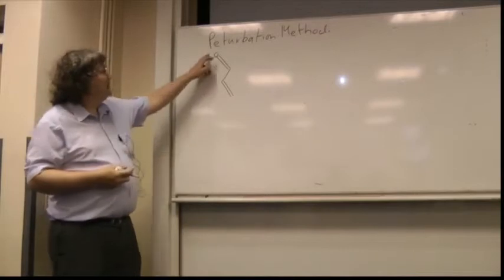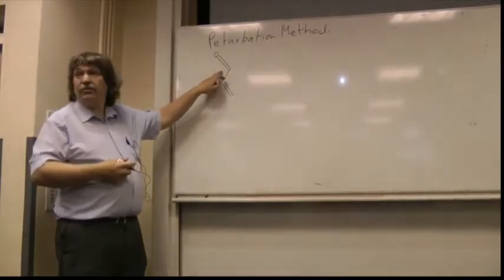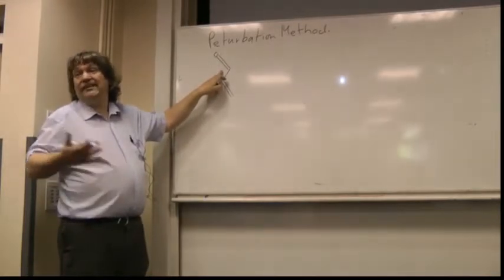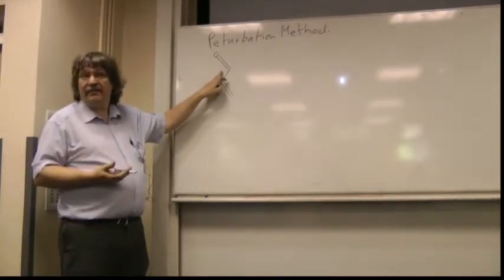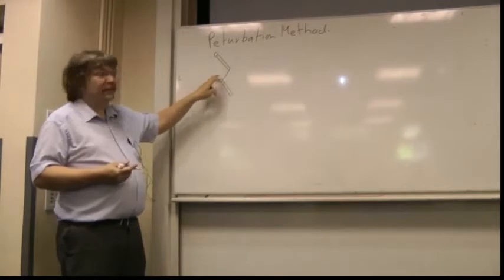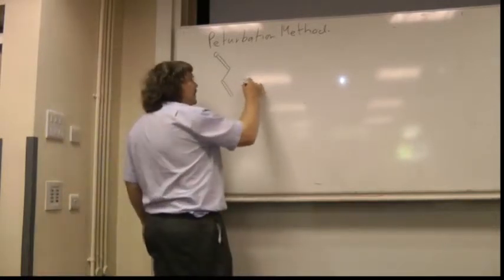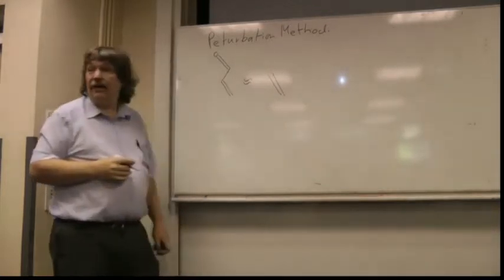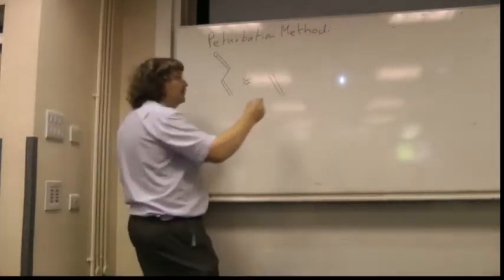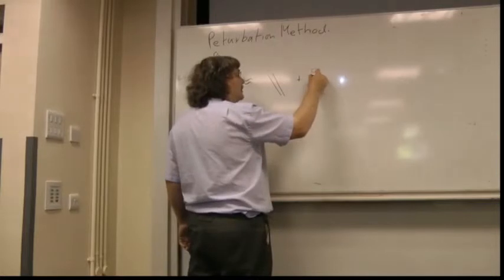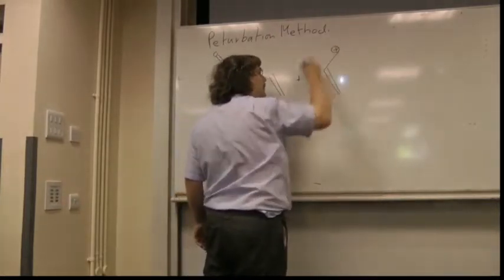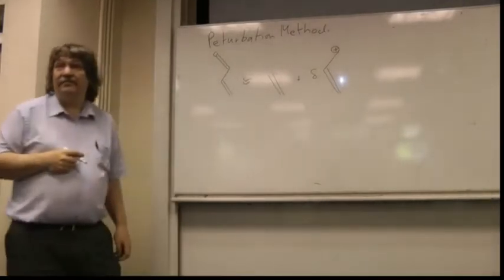Well, you think, well, what is that? Well, it's an electron withdrawing group. What is the ultimate electron withdrawing group? Well, it's a carbocation. Okay? So I can model this as being a mixture between ethylene itself, the unperturbed system, plus I'm going to mix in a little bit of ethylene with a plus charge on it.